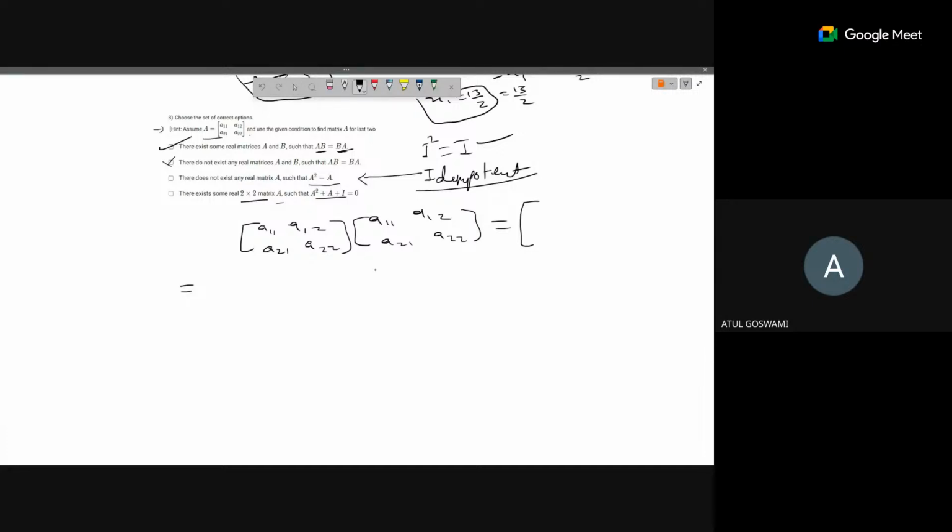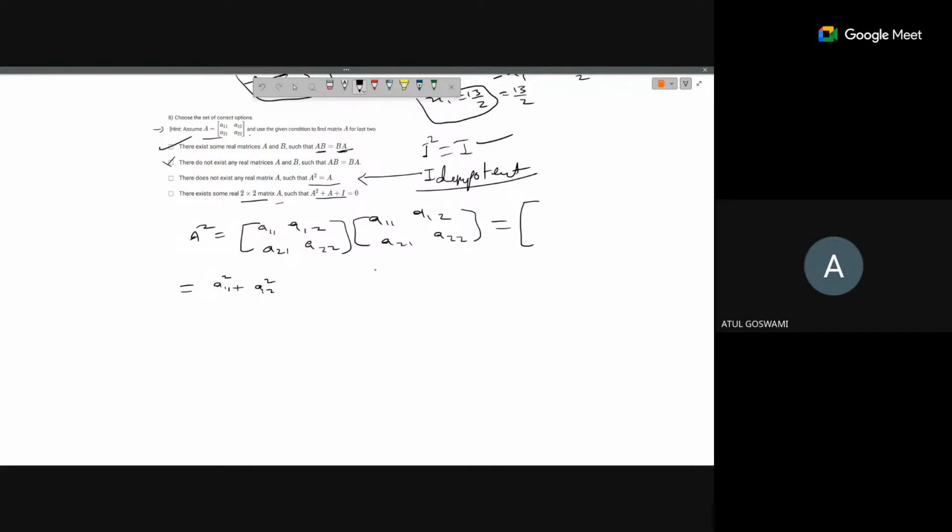Okay, so let's find the A square. This is A square. A square would be A11 square plus A12 square, right? This is the first entry.